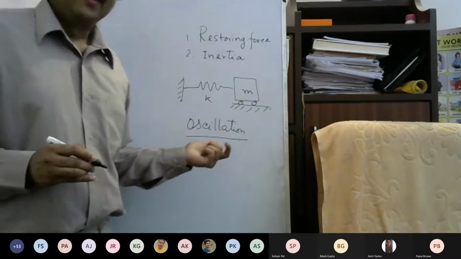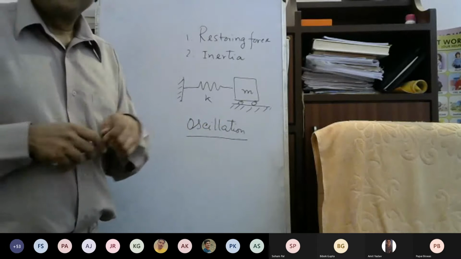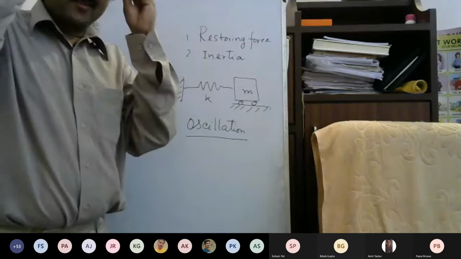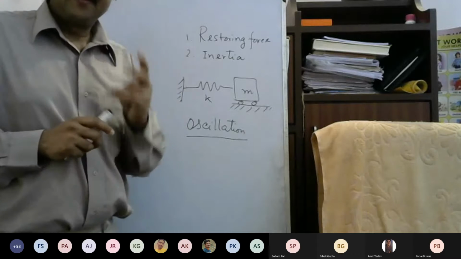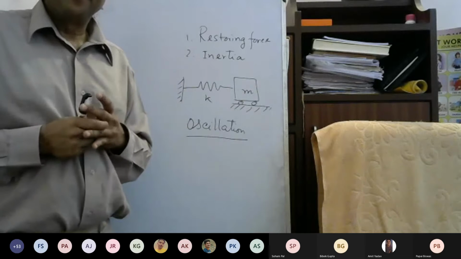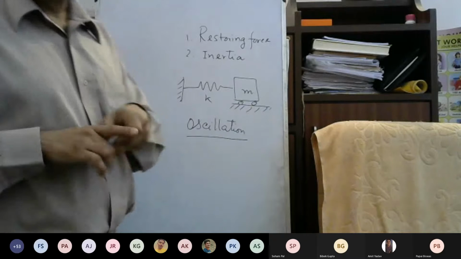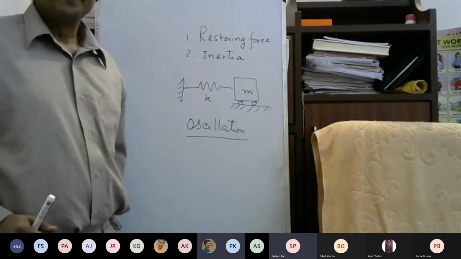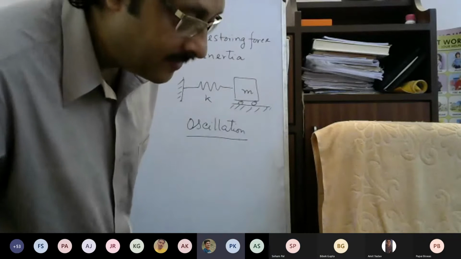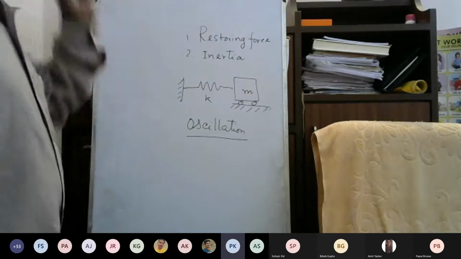What is the difference between vibration and oscillation? Are they the same, or is there any difference? The oscillation has a fixed time period.